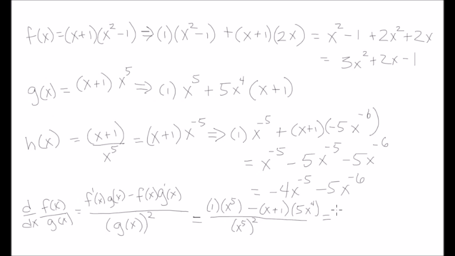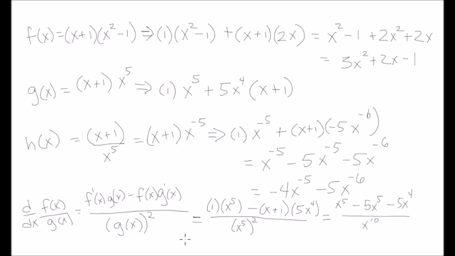Okay, so simplifying that, I get x to the 5th minus, distributing across, 5x to the 5th minus 5x to the 4th, over quantity x to the 10th. Now, remember that when you're dividing, you're going to subtract the exponents.